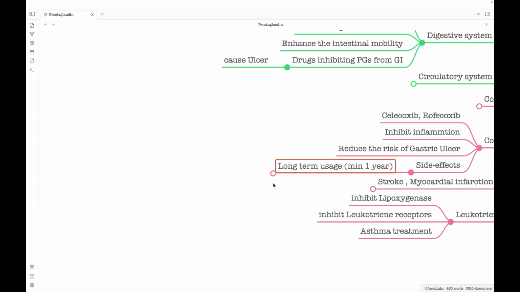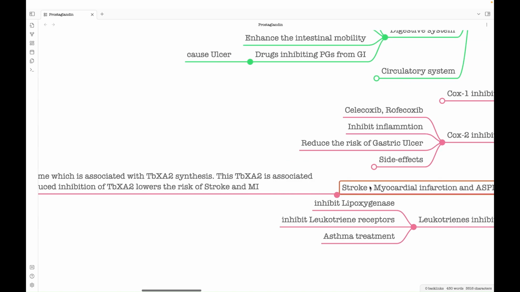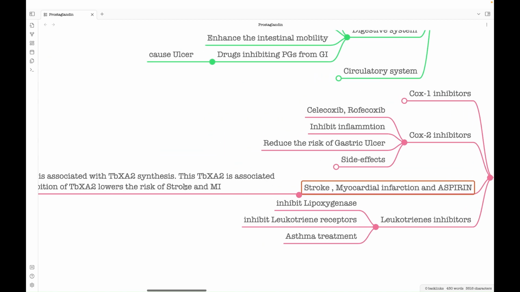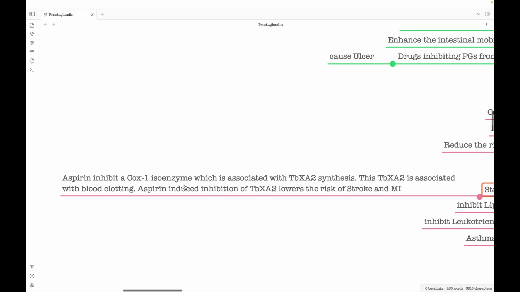To deal with that, you may have noticed that aspirin is the drug generally prescribed for patients with myocardial or cardiac dysfunction or stroke. Aspirin is given to them as a blood liquefier. Why? Because aspirin inhibits the COX-1 isoenzyme, which is associated with thromboxane A2 synthesis.